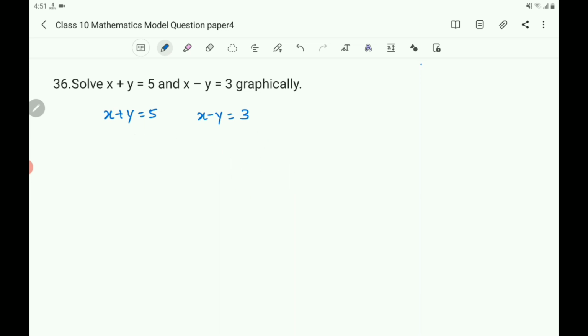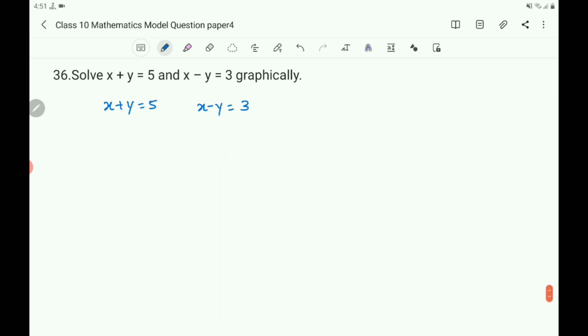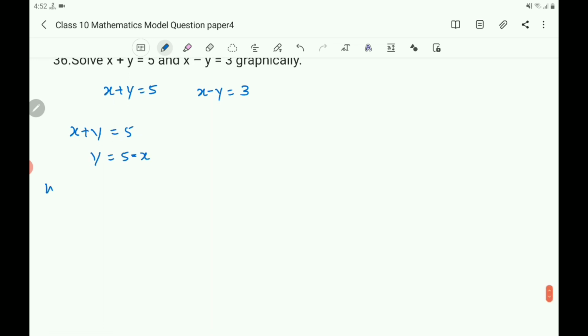Now let us convert each of them into y equals. Take the first equation x plus y equals 5, so y equals 5 minus x. Now when x equals 0, y equals 5 minus 0 equals 5. When x equals 1, y equals 5 minus 1 equals 4.